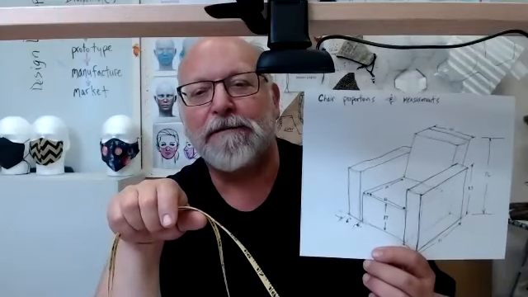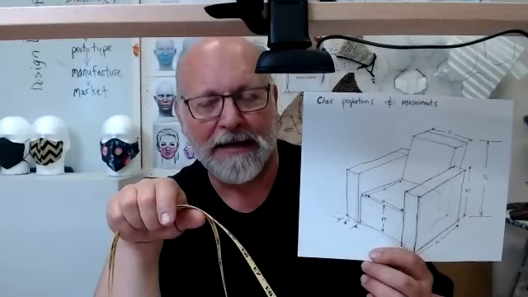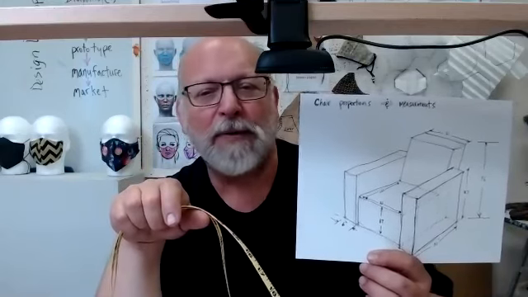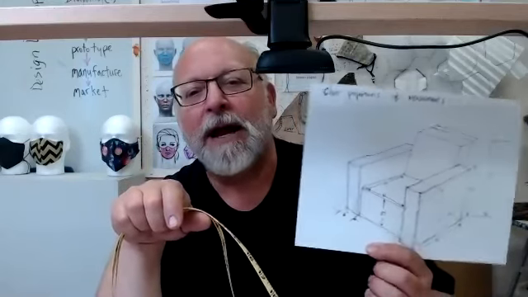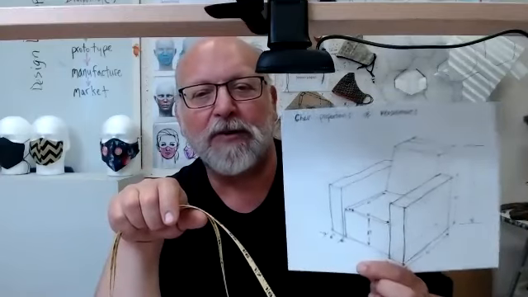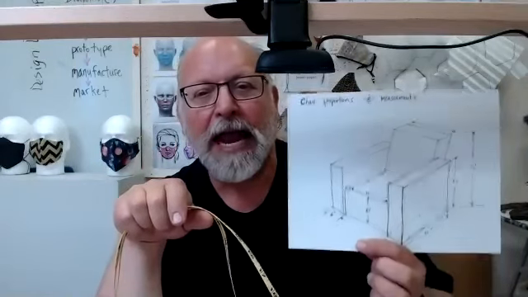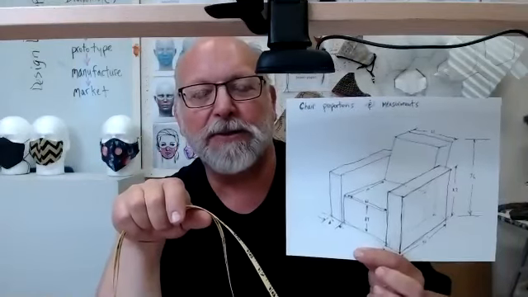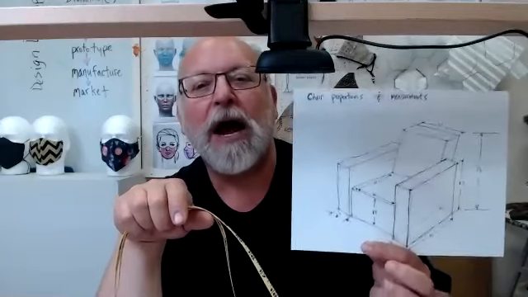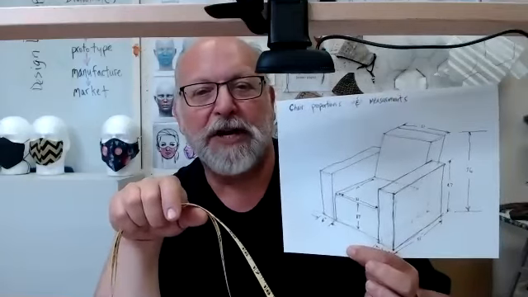What is the floor to top of the arm height, and is that comfortable to you? And what is the width of the arm? We need to get all of these measurements drawn in, and you can do this in a sketch, and then refine the sketch into a much more proper isometric view of a chair.